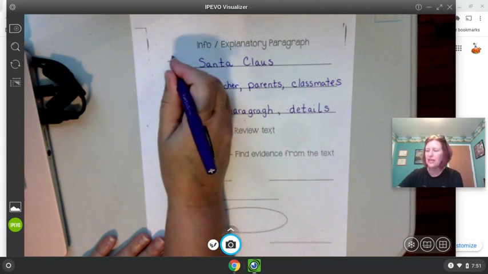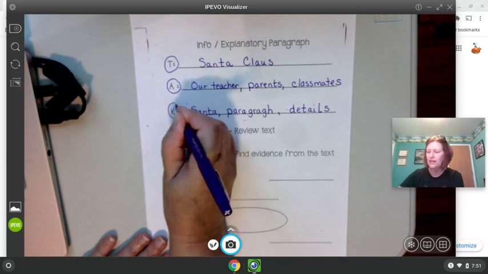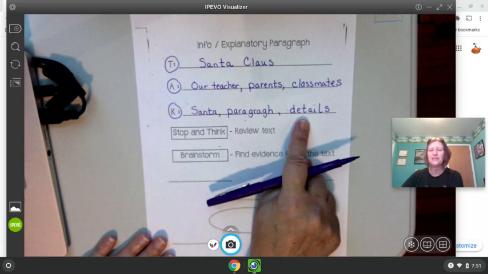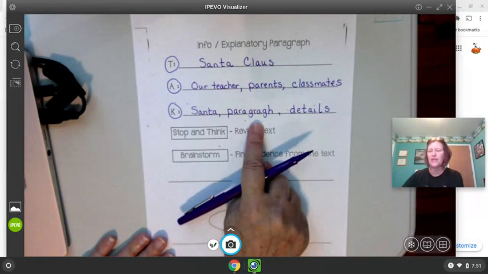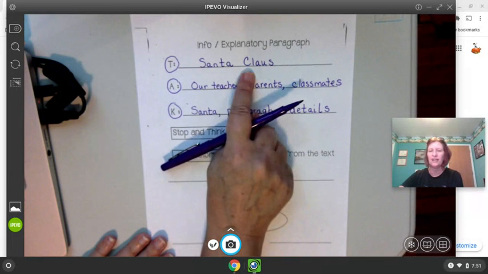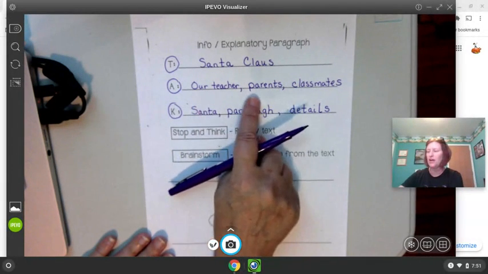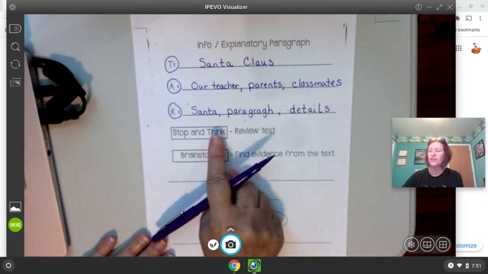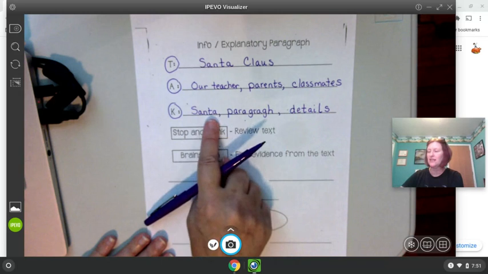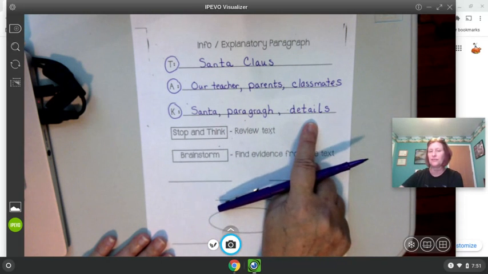So these three things, the T, the A, and the K, you should have the same things that I wrote down, because we're all doing the same thing. We're all writing about Santa Claus. We're all going to write so that our teachers, our parents, and our classmates can read it. And some key words that you need to remember are Santa, we're writing a paragraph, and we're using details.